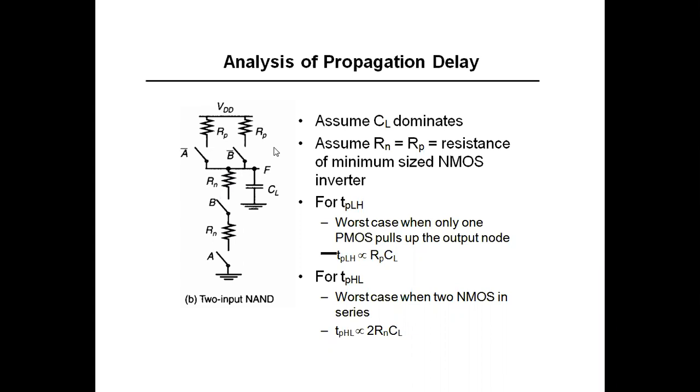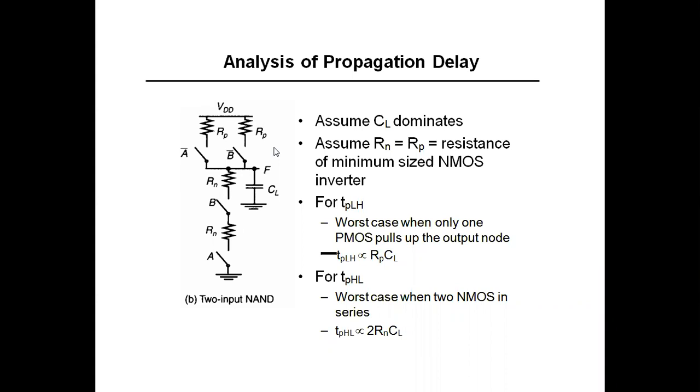We have made that assumption. What assumption have we made? Rn is equal to Rp. These are the resistances of minimum sized NMOS and PMOS inverter. In case of PMOS it is Rp, and in case of NMOS it is Rn, and these are identical.